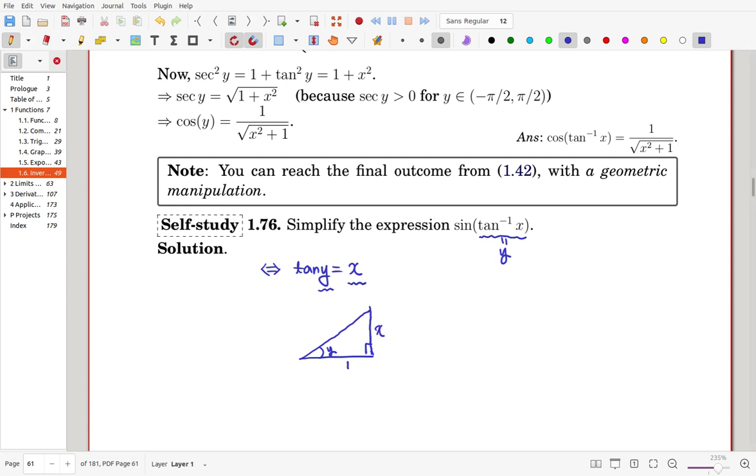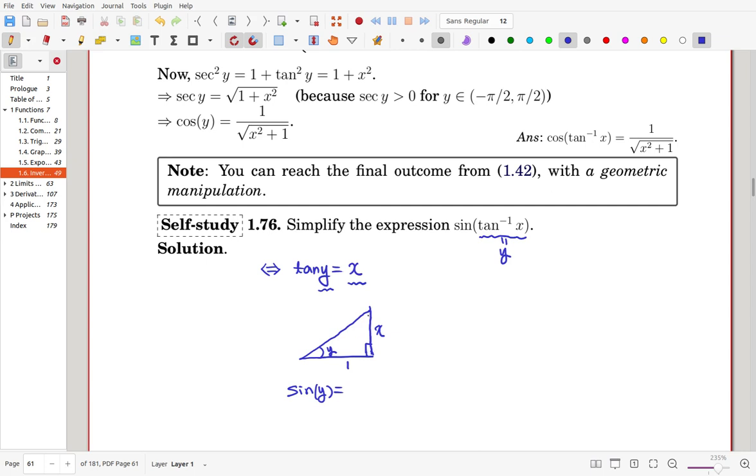If you set it up this way, then tangent y is exactly x over 1, which is x. Now y is already geometrically expressed, and what we have to find is sine y. But sine y is opposite over hypotenuse, so we have to find this hypotenuse.